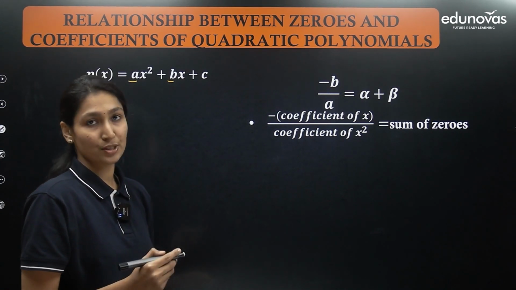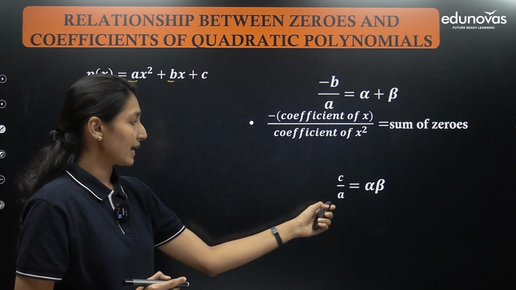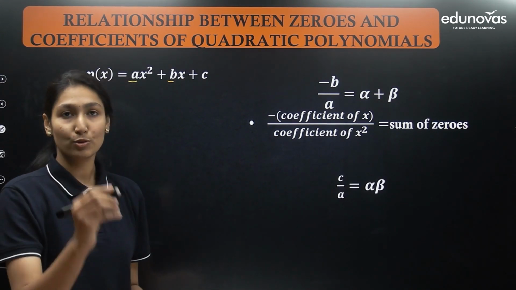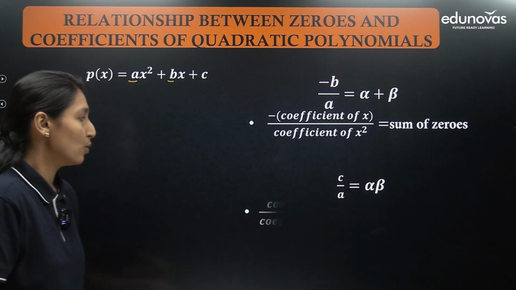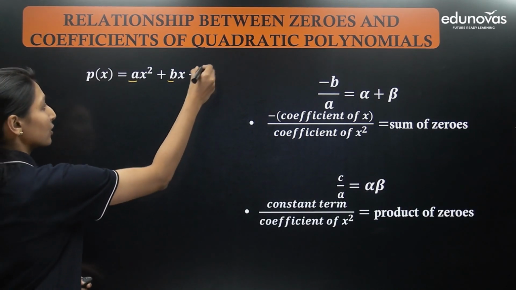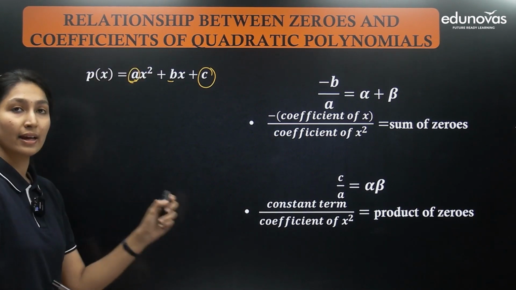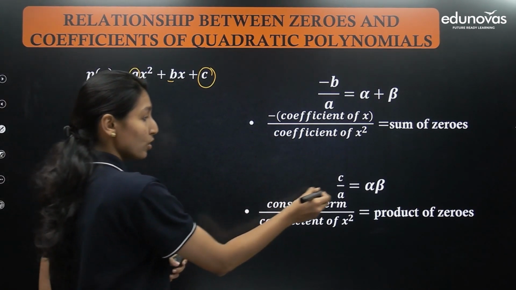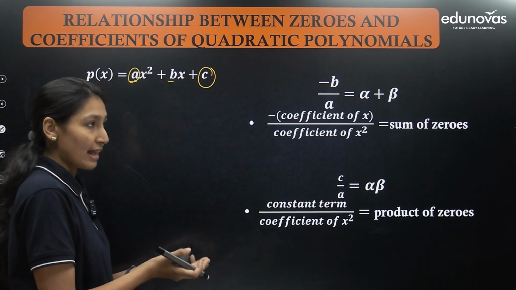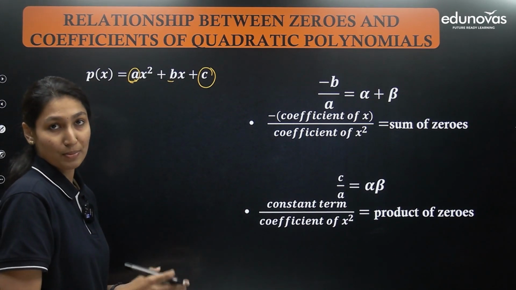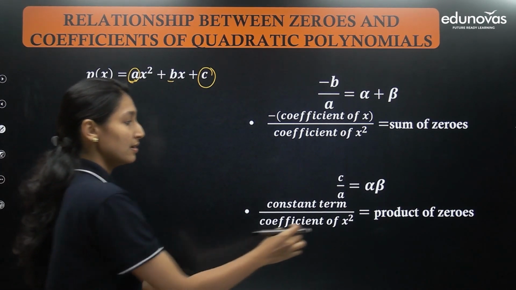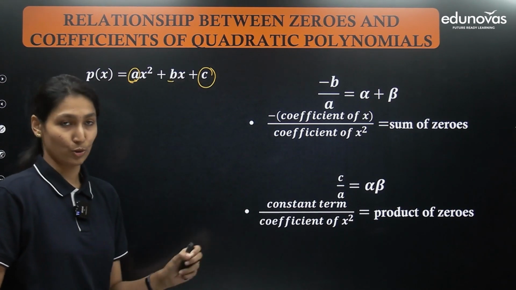The other relation that we got was c by a is equal to alpha into beta. What is c? It is the constant term. And what is a? It is coefficient of x square. So this is equal to product of the zeros. Alpha and beta are zeros for the polynomial. Therefore, alpha into beta is the product of the zeros.